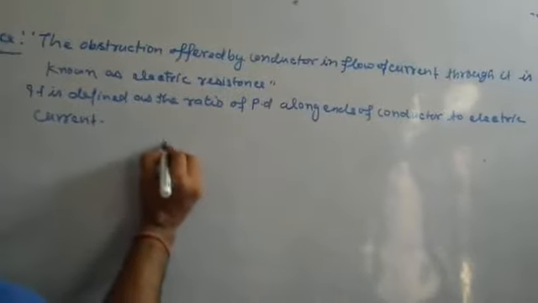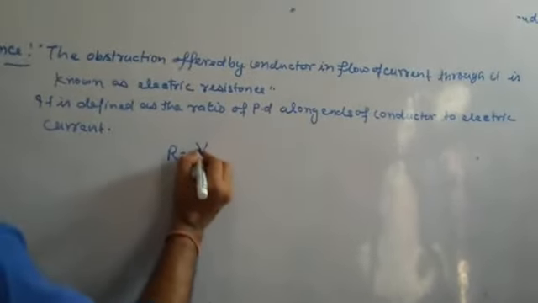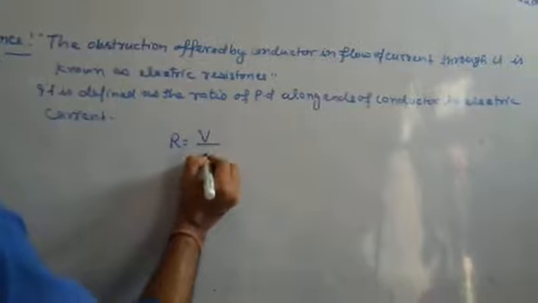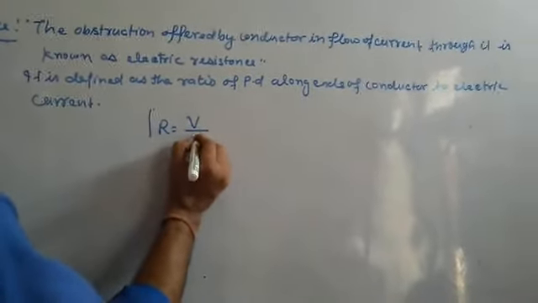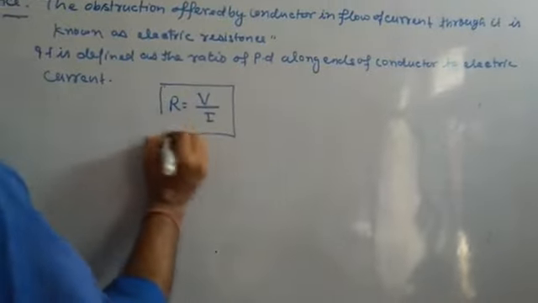Therefore, R equal to V, the potential difference applied across the conductor, upon the current I.